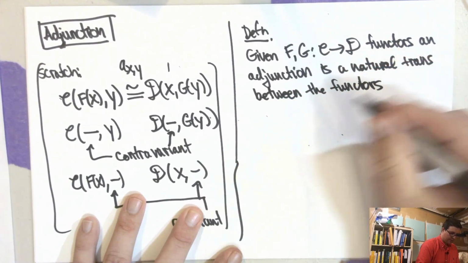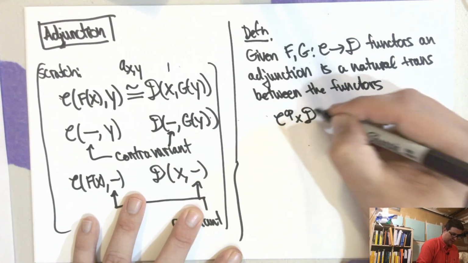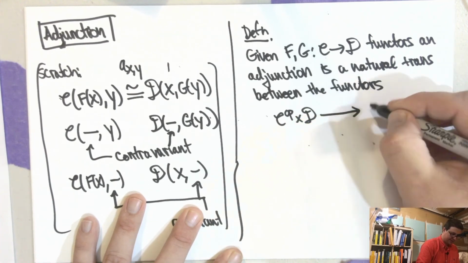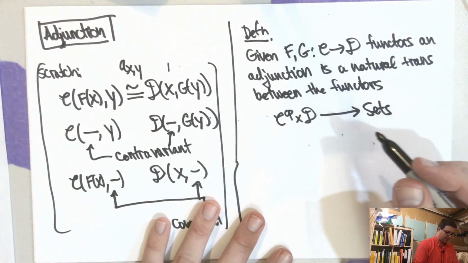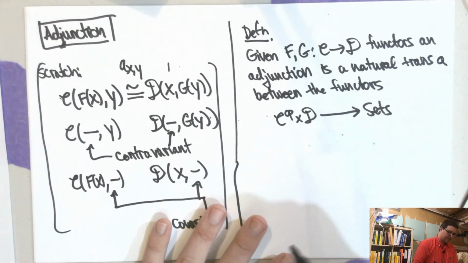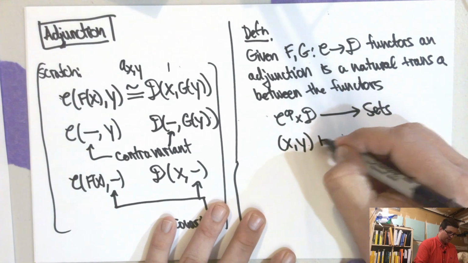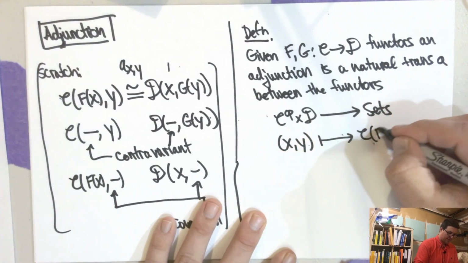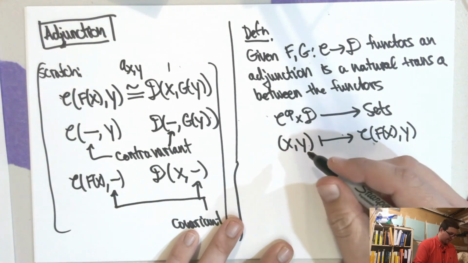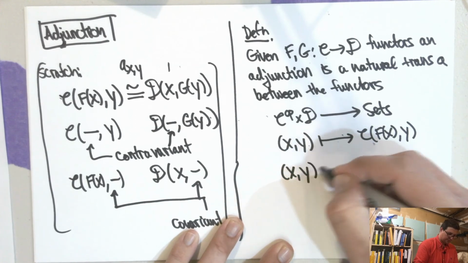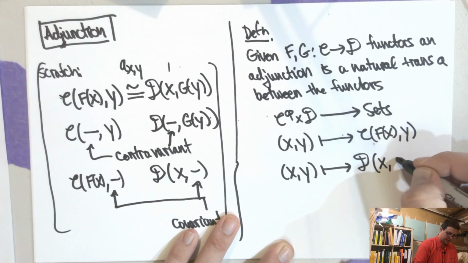We know that it's contravariant in the first component and covariant in the second component, and this goes to sets. So it is a natural transformation, let's say A, between the functors here, and we go xy. This thing goes to C f of x y, and the other one takes xy and maps it to d x g of y.